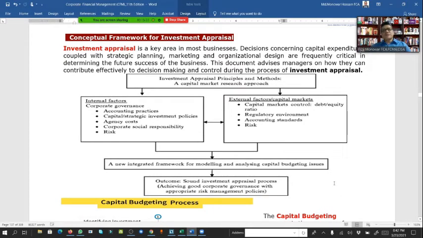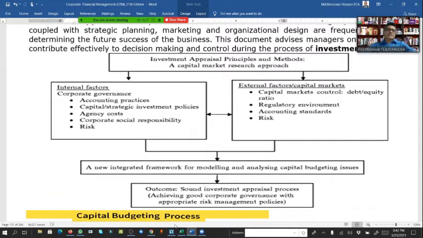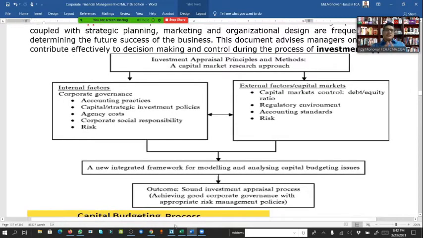If we look at the capital market, there are some internal factors and some external factors. Internal factors mean accounting practices, capital investment policy, agency cost, and corporate financial responsibility rates. External factors, if you go for investing in the capital market, include the debt or equity ratio, and the regulatory requirements or regulatory environment.